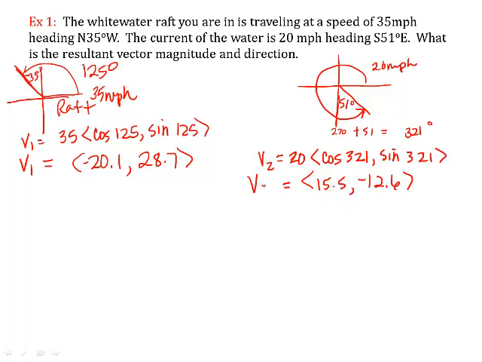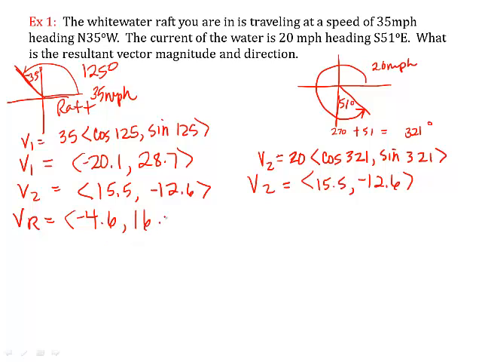All right, so that's vector 2. Now to get my resultant vector, I'm just going to write vector 2 under this one, and then add these up. That's all I do. I'm going to put an R for resultant vector. I get negative 4.6 and 16.1. All right, that's my resultant vector.